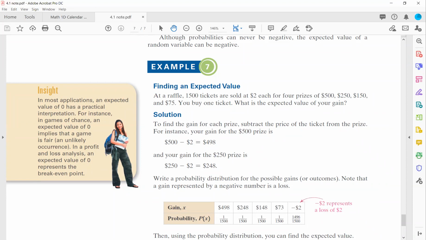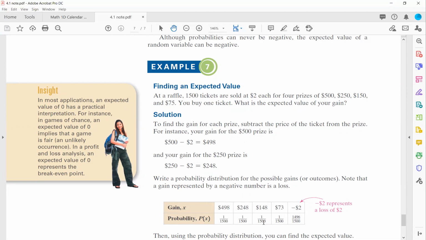Well, now we have to calculate the probability for each case. So what are the chances that you win and gain $498? It's 1 out of how many tickets? 1,500 tickets. The second one, also the same probability. Your chance is just 1 because you just purchased 1 ticket.